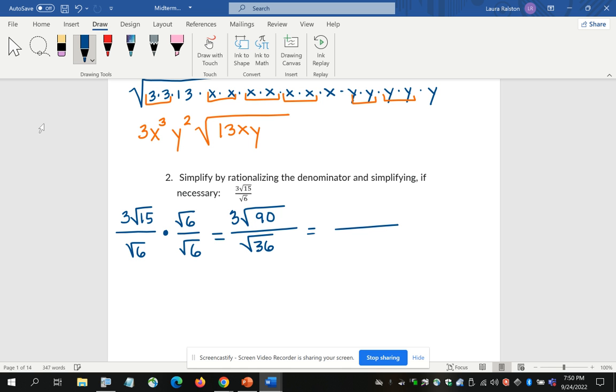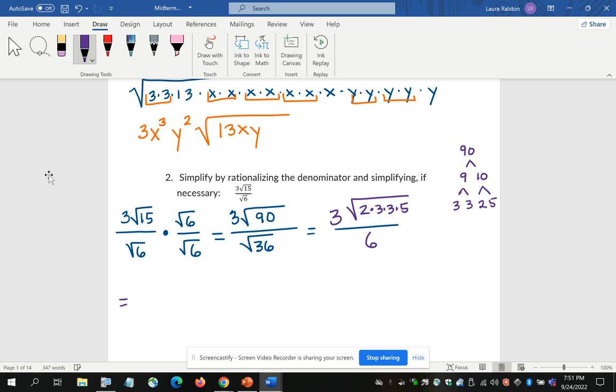And then I need to try to simplify. Square root 36 is 6. I have 3. And I'm going to go off over here to the side and think about 90. 90 is 9 times 10. 9 is 3 times 3. So 90 becomes the square root of 2 times 3 times 3 times 5.